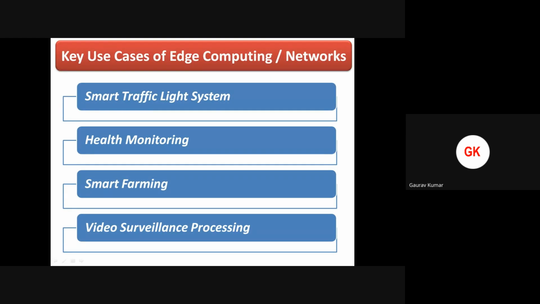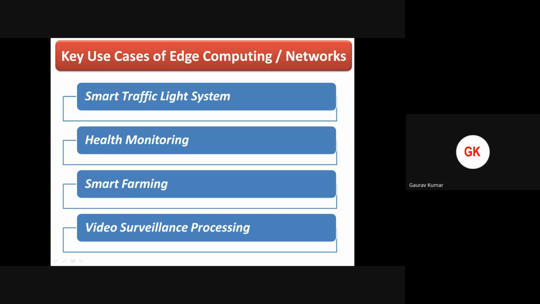Take smart traffic light systems and health monitoring: if we are working on a specific gadget for patients, and that gadget is able to communicate with a remote doctor, that is a scenario of edge computing, because whatever computations are going on at the patient's end, that is edge computing.